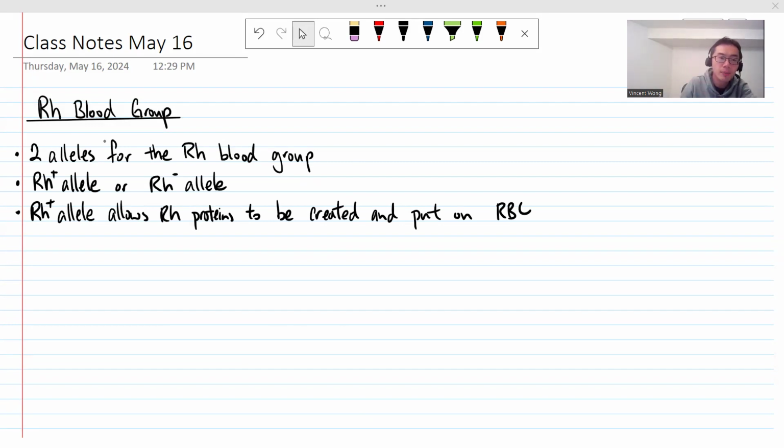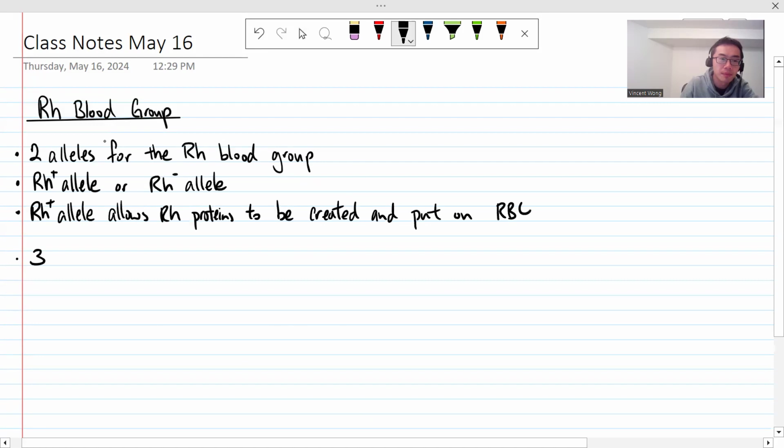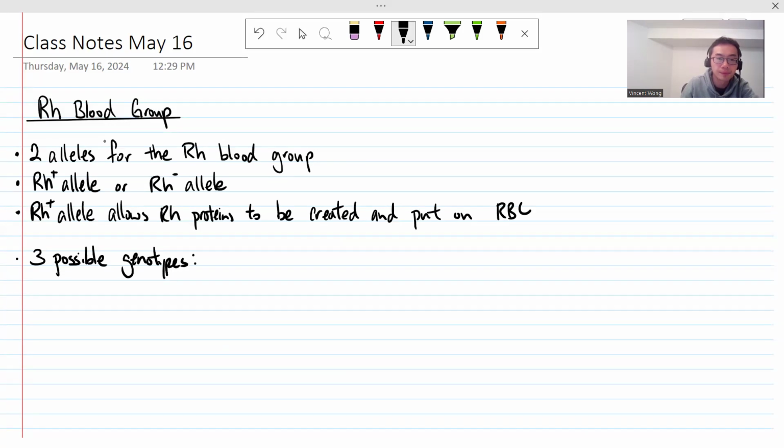So there are 3 possible genotypes. You can be positive. That means you have 2 copies of the RH positive allele. Then the person is going to have the red cells and they will have RH on them.